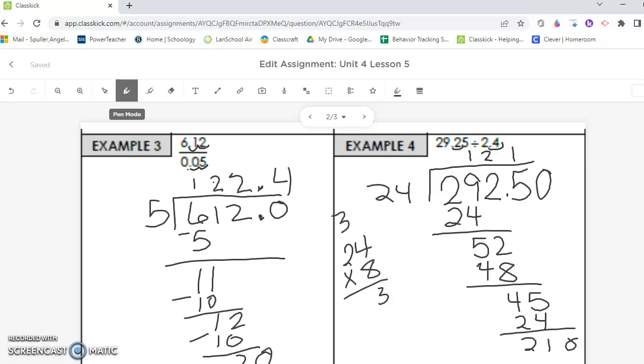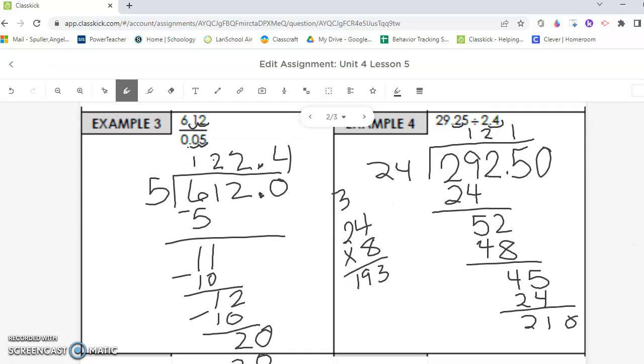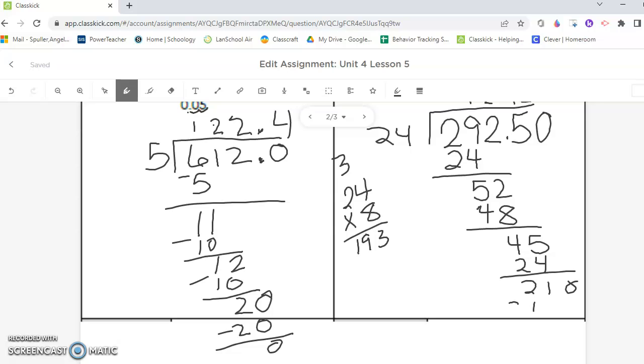Carry the 3. Times 2 is 16, 17, 18, 19. That would give me close enough. So I'm going to say 8. And that's going to be 193. I'm going to borrow from here. 7. Borrow from here. 17.